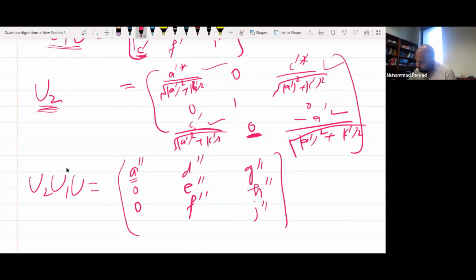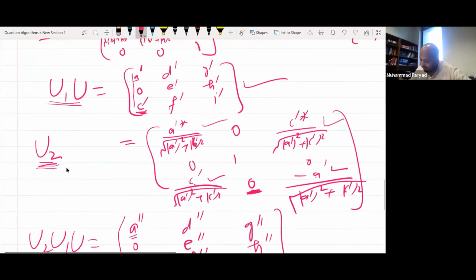Actually, I could have gotten 1 here as well with the same matrix if, instead of using this square root, we just use these numbers without the square root. Will it still be a unitary matrix? Let's see. If I don't have a square root here, then when we multiply it here, I would get A mod square plus C mod square, and this would be cancelled with A mod square plus C mod square.